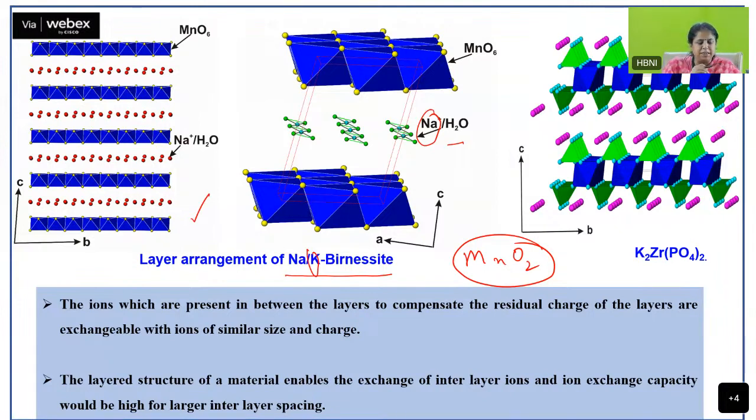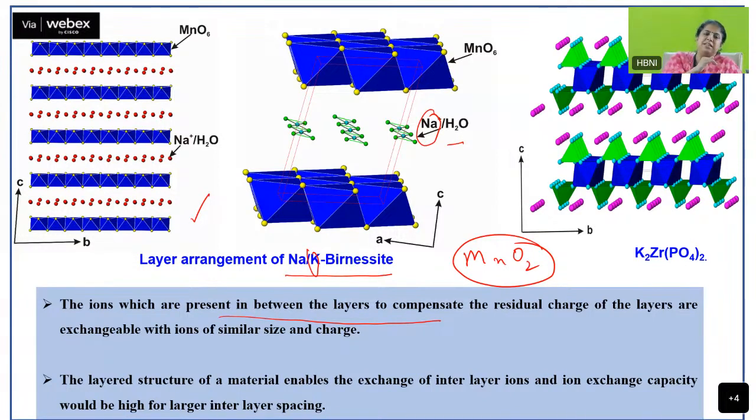So what does this do? Now, ions which are present in between the layers: why do these layered materials have ions in between the layers? In your cadmium iodide structure that I taught you, there was no interlayer cation. This is because these layers have a residual negative charge.